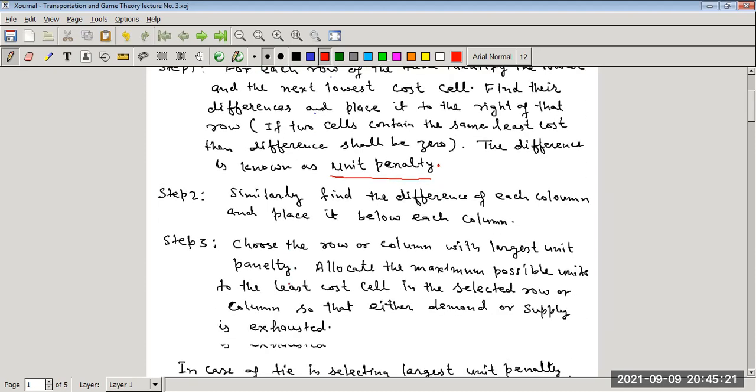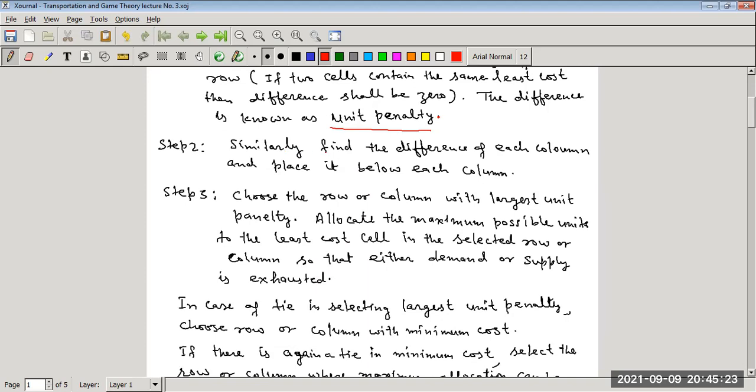Now step number 2. Similarly, find the difference for each column. For each column, we find the minimum cost of the first column and the next minimum of that particular column, and then we find the difference between them. This gives us the unit penalty of that particular column.